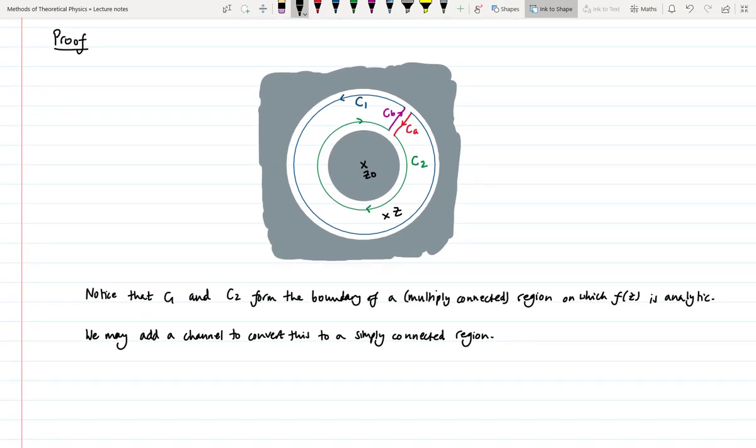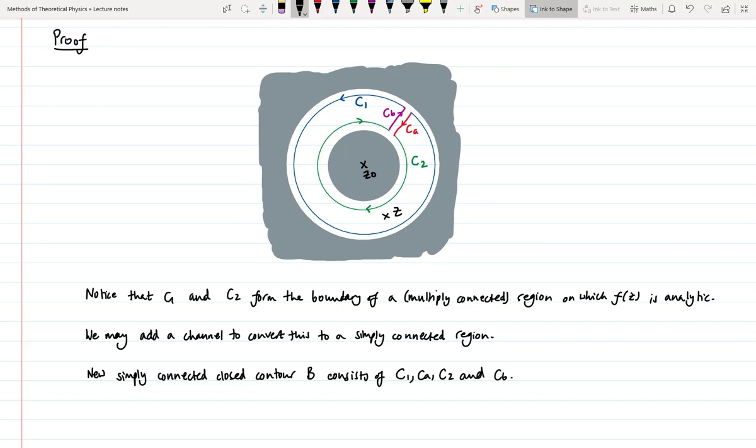First of all, I'm going to write the new simply connected closed contour. Let's call it B. It consists of those different paths C1, CA, C2, and CB.